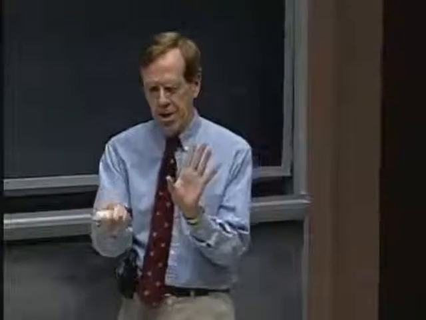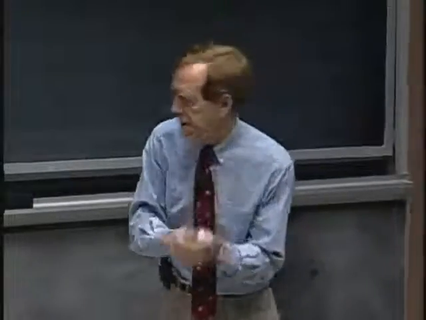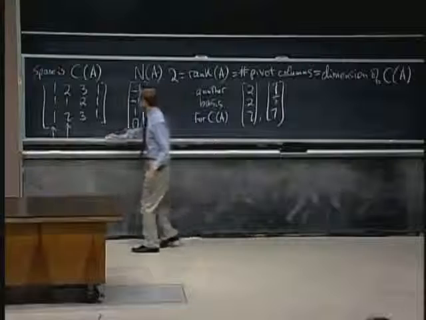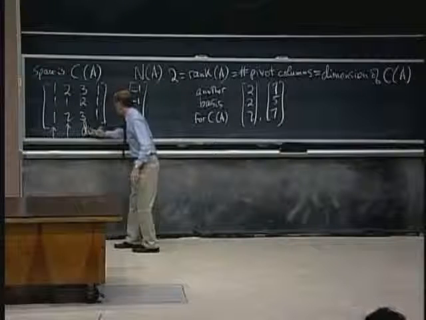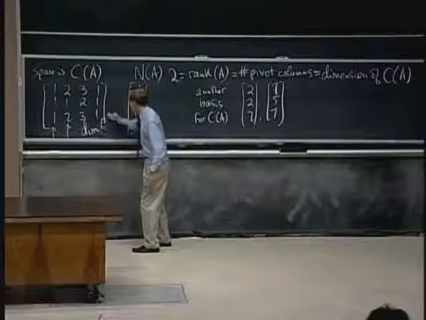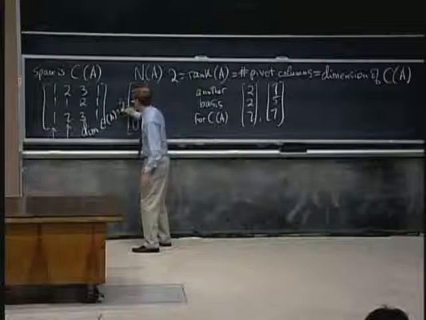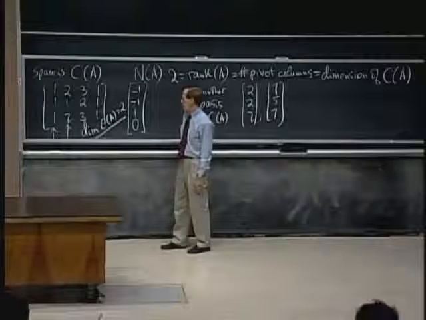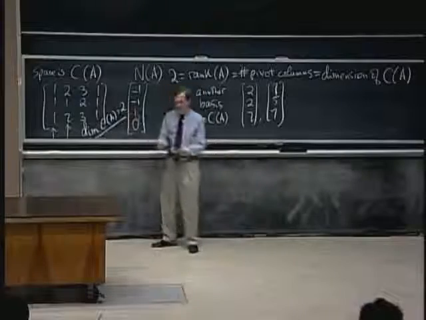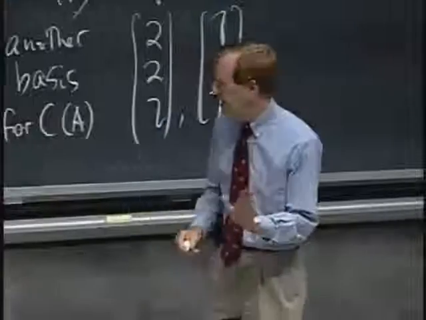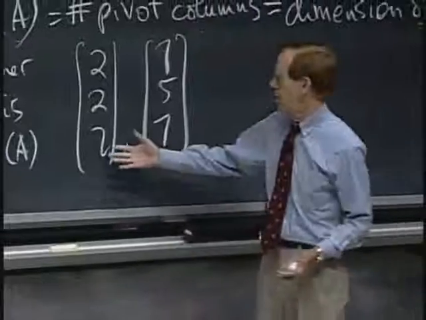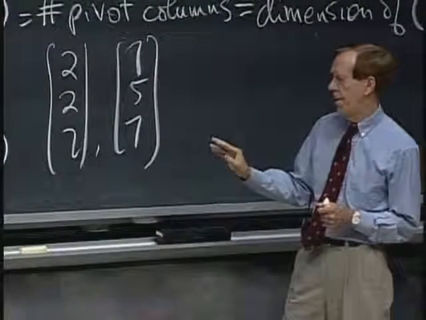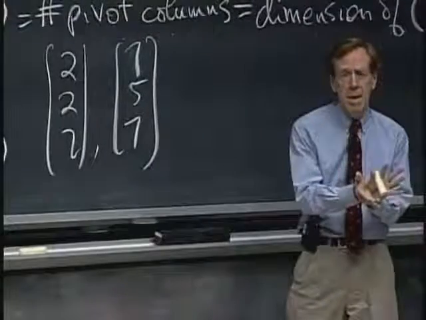If you know the dimension of the space you're working with, and we know that the dimension of the column space is 2, and we have a couple of vectors that are independent, they'll automatically be a basis.